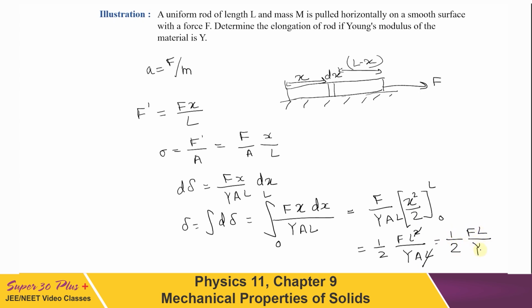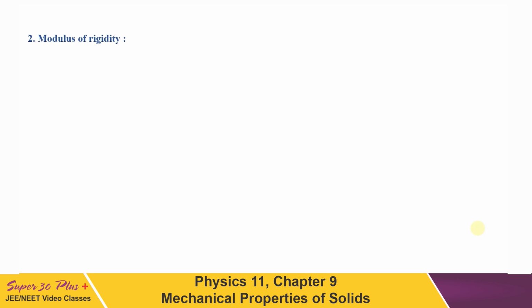Now let us see one more term, that is known as modulus of rigidity. Now what is modulus of rigidity? This is another kind of modulus. First we had considered Young's modulus of elasticity. The next kind of modulus is known as modulus of rigidity.